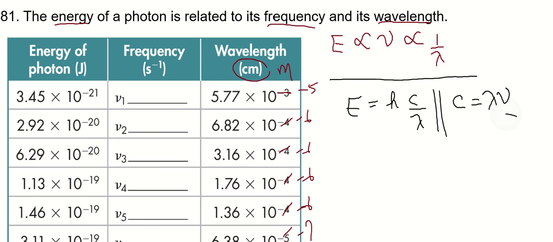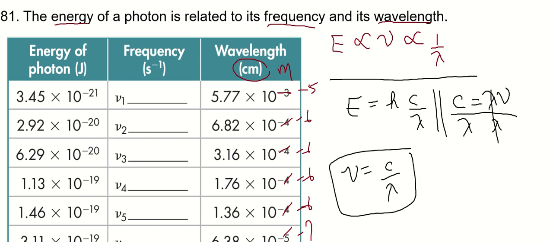To solve for frequency, we'll divide through by lambda, and we'll have frequency is equal to the speed of light over the wavelength. So this is the one I'm going to use. Just going to be fewer keystrokes.